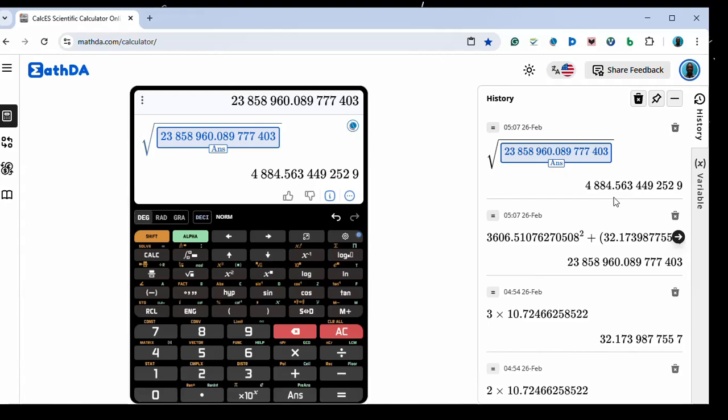So that is our final answer. Let me write it down. That means the pressure at B will be 4,884.6 kilopascal. Let me just write it in full.